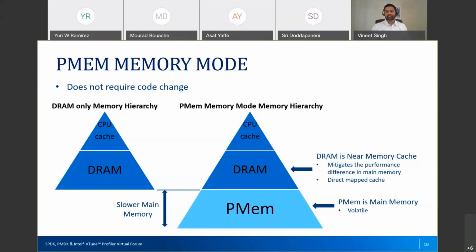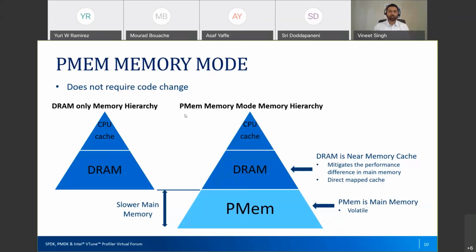What happens is that your DRAM becomes a cache, a near memory cache, and the performance difference between your main memory is mitigated by using the DRAM as a cache. So if your application is able to cache frequently accessed data in the near memory cache, you will see performance comparable to the DRAM hierarchy that you were seeing before.